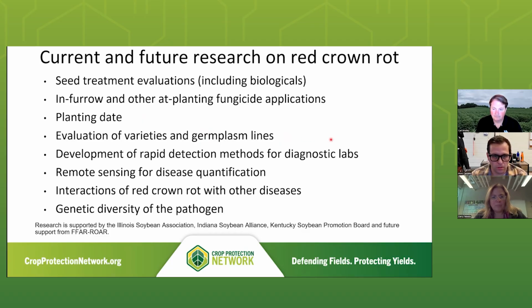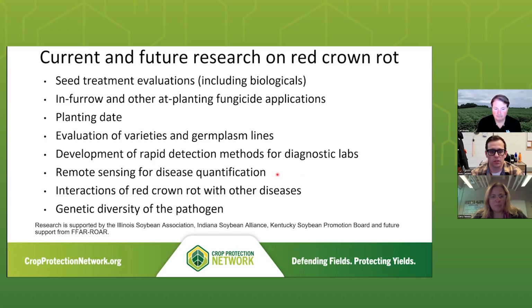We are working on a rapid detection method to quantify the inoculum in the soil using molecular techniques, so we can have an idea of the amount of inoculum in the soil and how it can be correlated with the disease intensity that we see during the season. We are working on remote sensing for disease quantification.